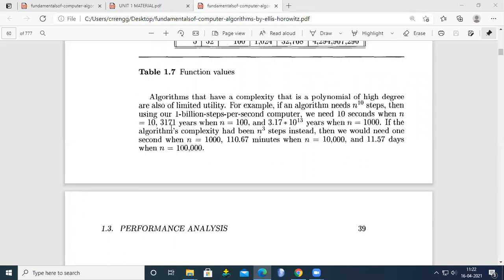See, when n equals 10, it takes only 10 seconds. When n equals 100, it takes 3171 years. And 3.17 into 10 power 13 years when n equals 1000.